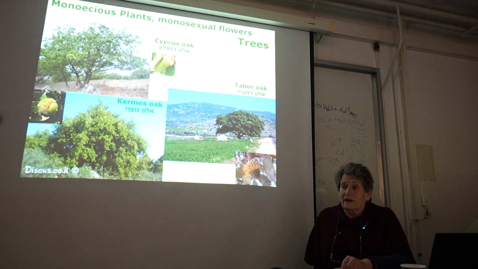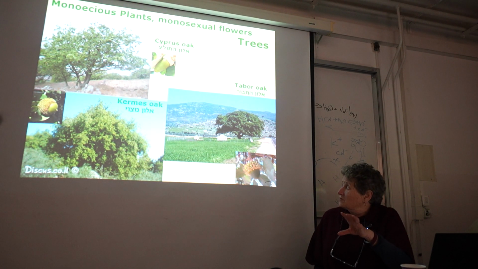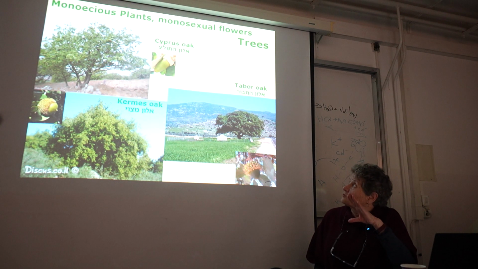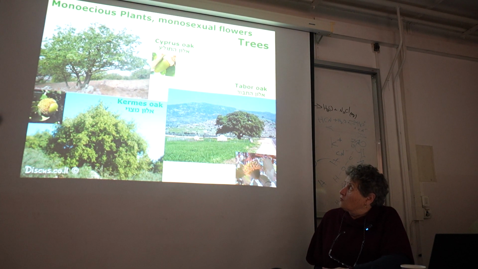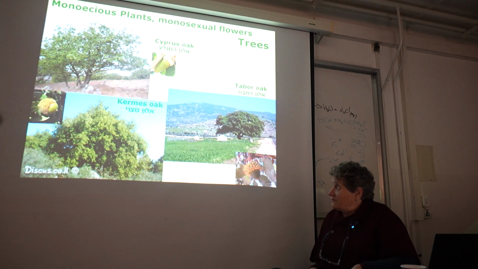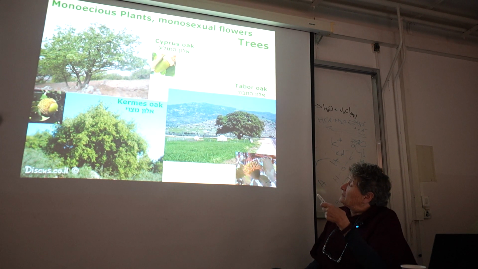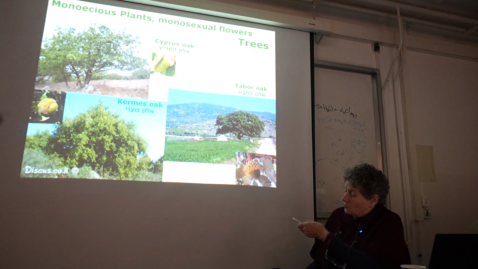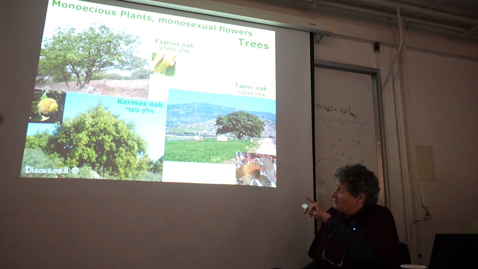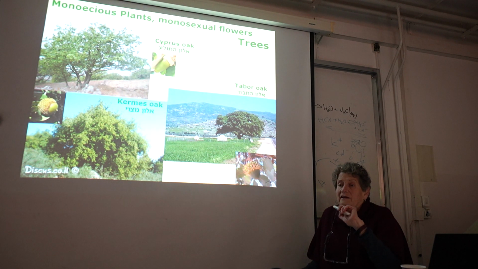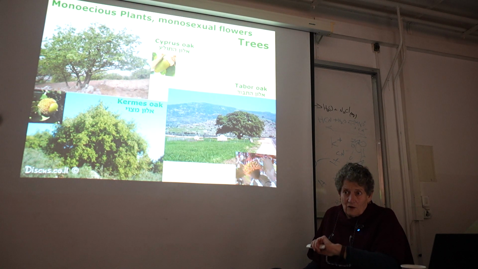Another one of the common natural species that we have here, of Israel's native species, which is also monoecious and monosexual, is our oak trees. We have several species of oak trees here. We have the Kermes oak, which is also called, and I'll write the other name down here also, today it's called the Palestinian oak.